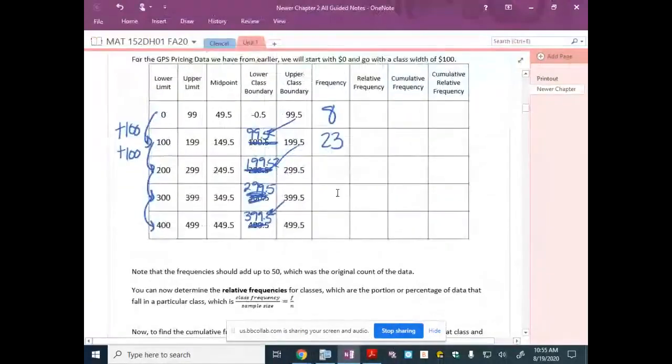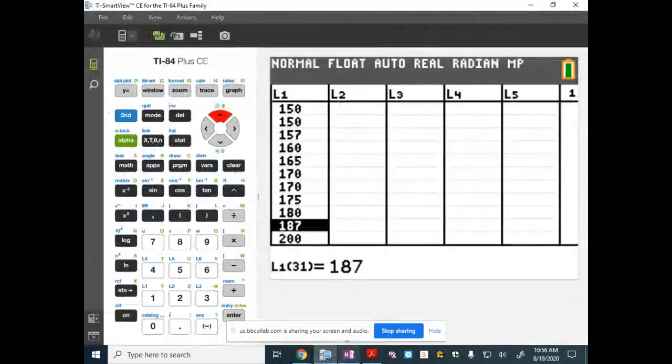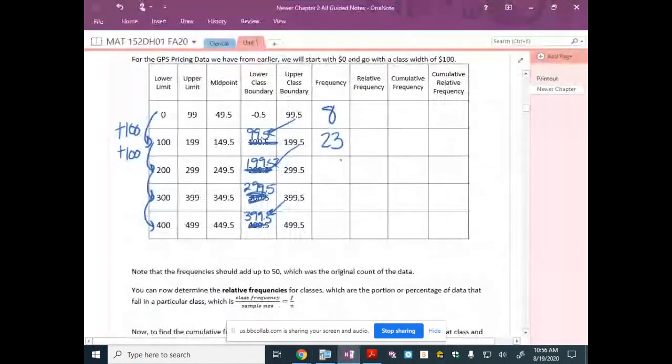All right, so let's go ahead and finish finding these frequencies. Between 200 and 299, let's see, we got 1, 2, 3, 4, 5, 6, 7, 8, 9, 10, 11.